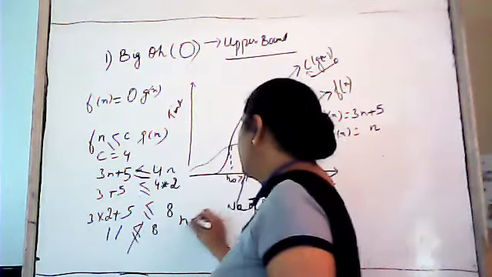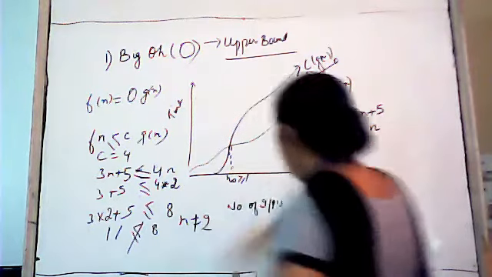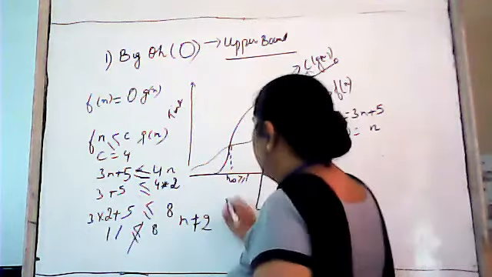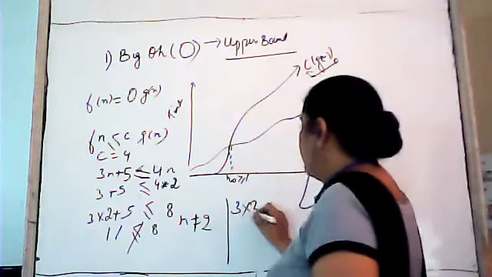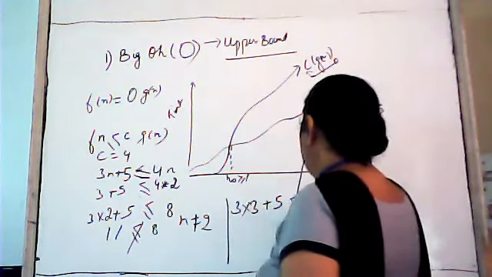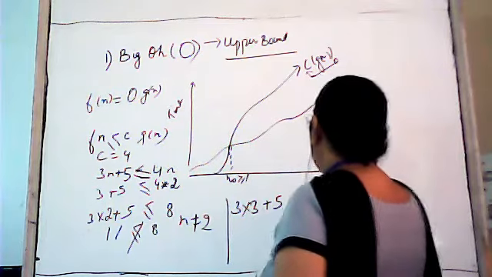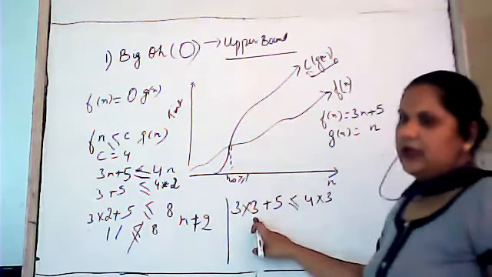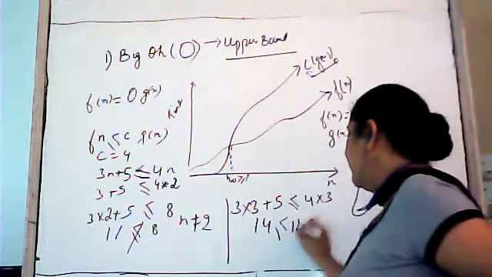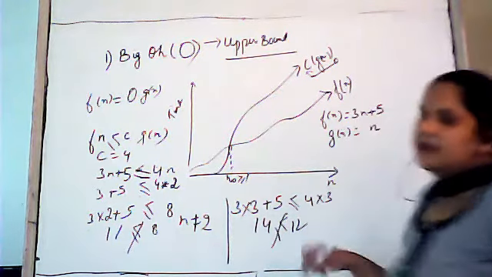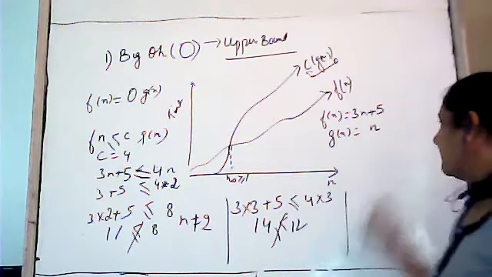Even for n equal to 2, it is false. Now, I will assume n is equal to 3. 3 into 3 plus 5 less than or equal to 4 into 3. 3 into 3 is 9, 9 plus 5 is 14. Is 14 less than or equal to 12? No. That means for n equal to 3, this relation does not hold.